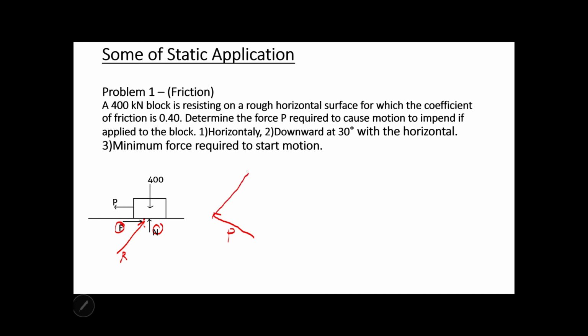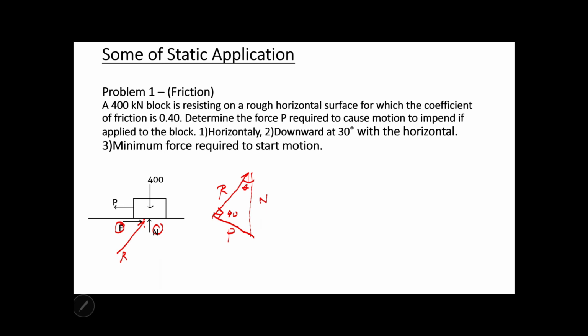Perpendicular siya sa R. This is 90 degrees. But we know this line, this is N. So, we can now solve this P. Pero hindi siya madali kasi hindi pa natin alam yung N at saka hindi pa natin alam yung angle dito. So, this is R.